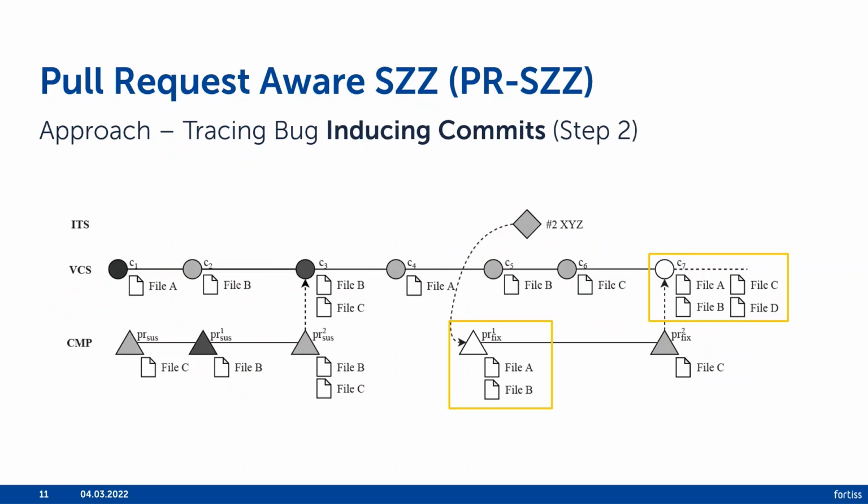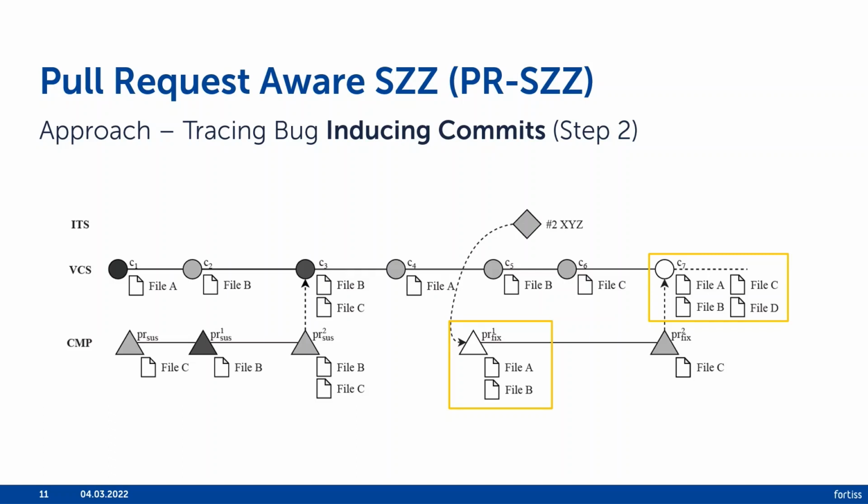For the second step of the algorithm, meaning tracing bug-inducing commits, we can also use pull requests to reduce the number of traced files. So let's assume in this image, and please concentrate on the yellow marked areas, we have commit number 7, which is a fixing commit. So this commit was marked as fixing from the first step of the algorithm.